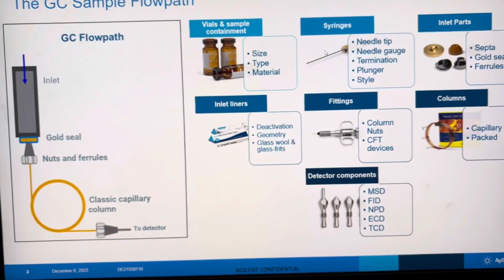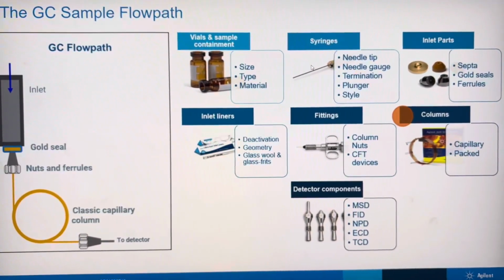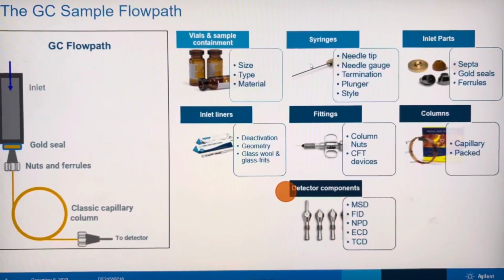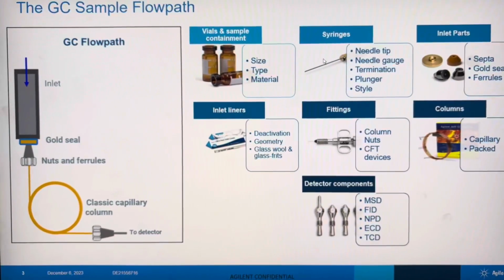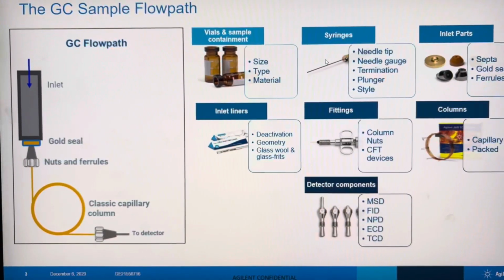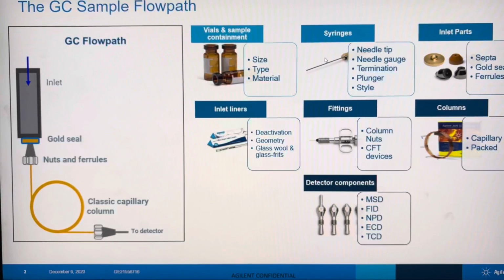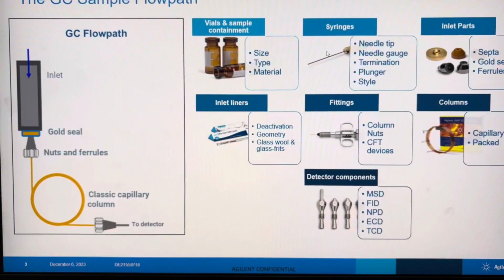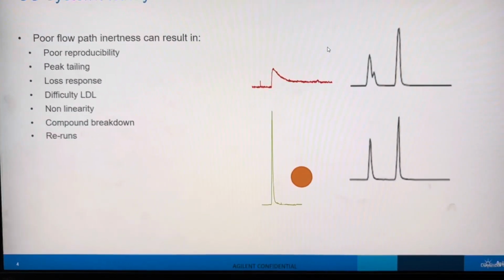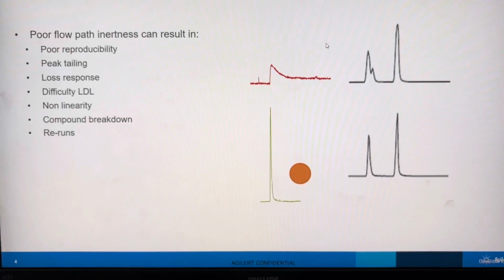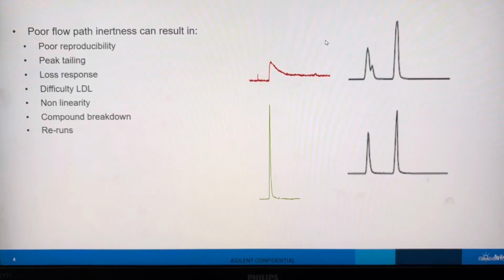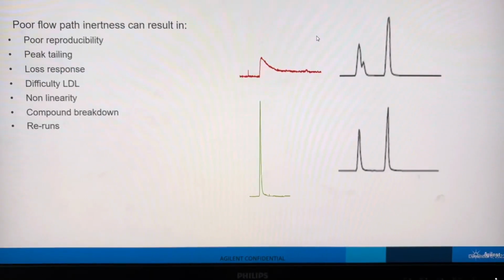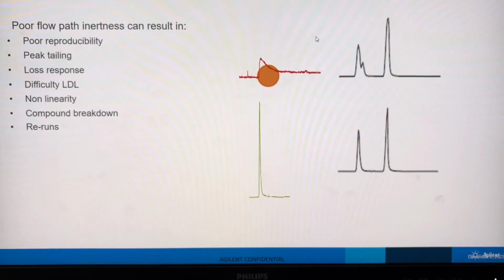We'll see one by one what things influence our analysis, and how each part plays a major role in our day-to-day analysis. When we have a poor flow path from the inlet to the detector, what happens? Most of the time we see problems: peak shape is an issue, or we see unwanted peaks, or a peak is missing.